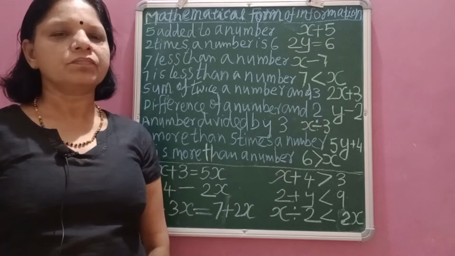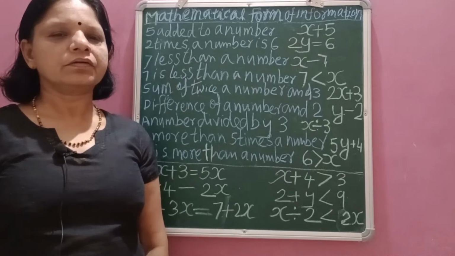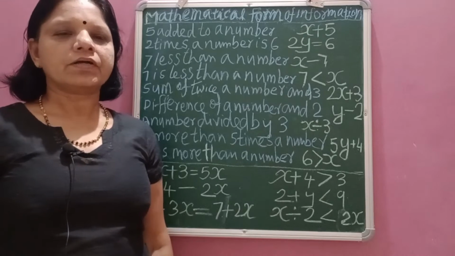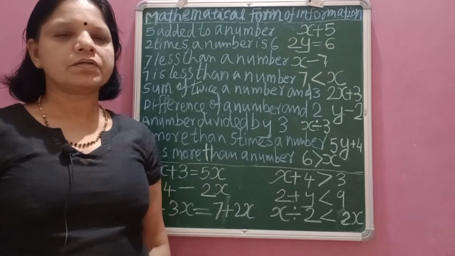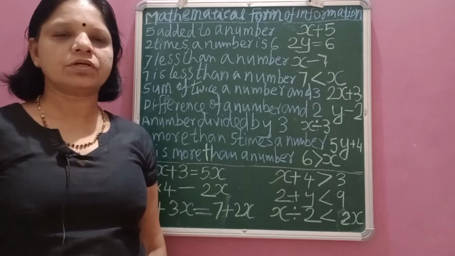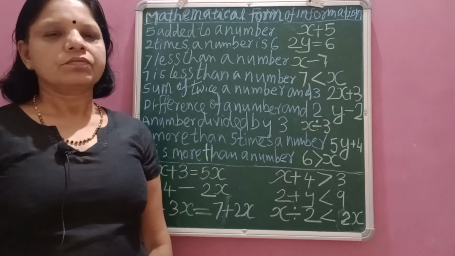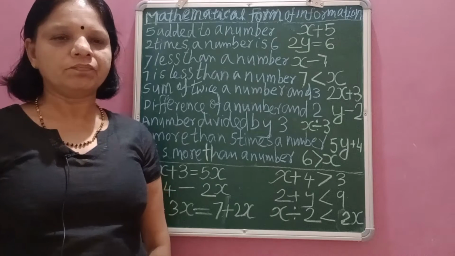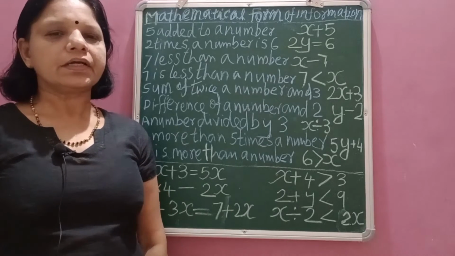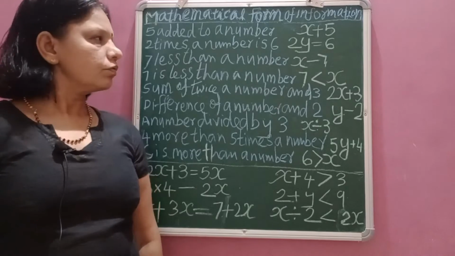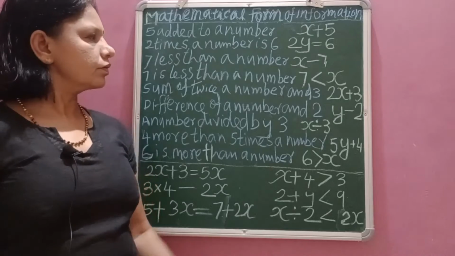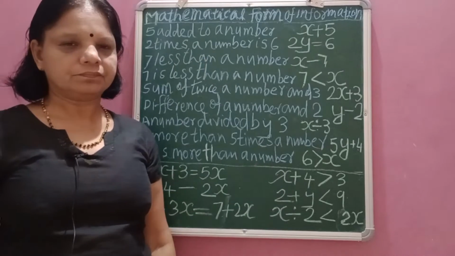Mathematical form is that it will be in the form of numerical expressions, equalities, inequations, equations. So you have to get the given information in that form. So we will see how it is. Here some examples are given.